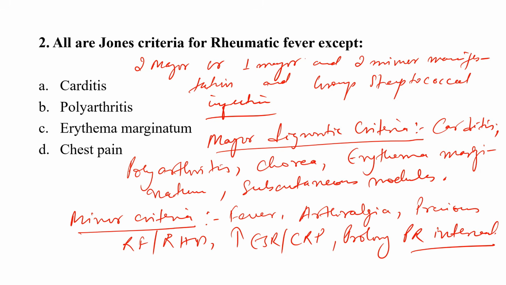So we see here option A falls under major criteria, option B under major criteria, option C under major criteria, whereas chest pain does not fall under major or minor. So the correct option here is option D, that is chest pain. All are the Jones criteria for rheumatic fever except chest pain.